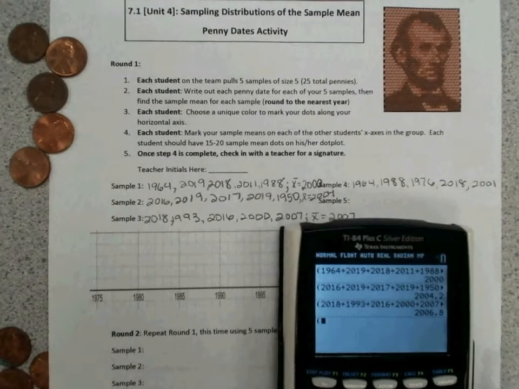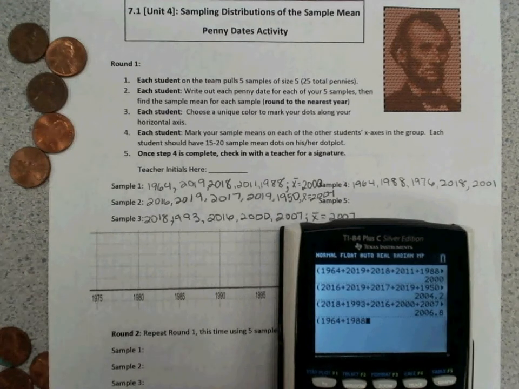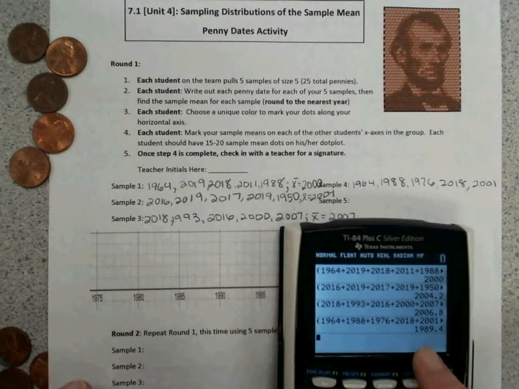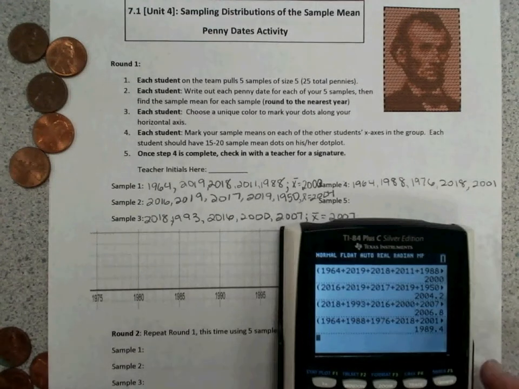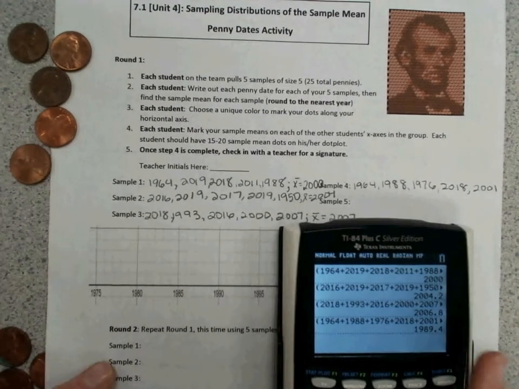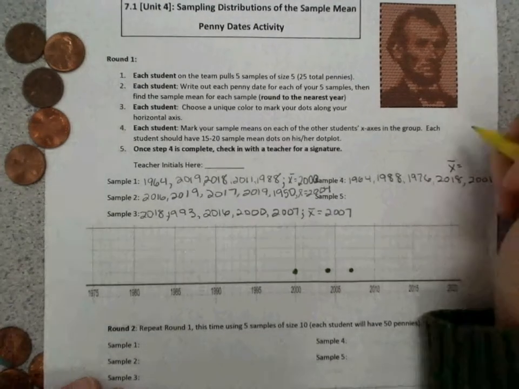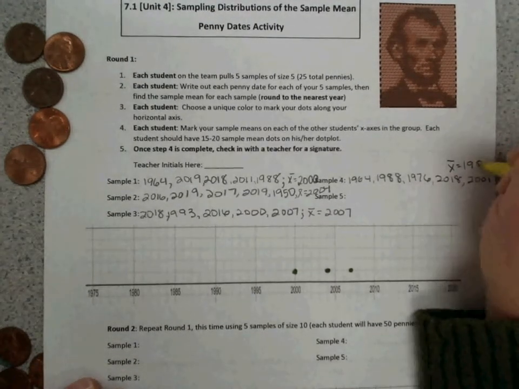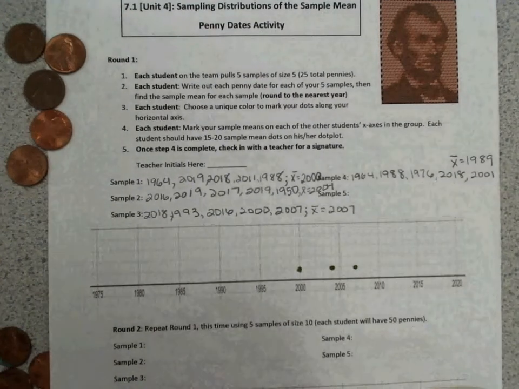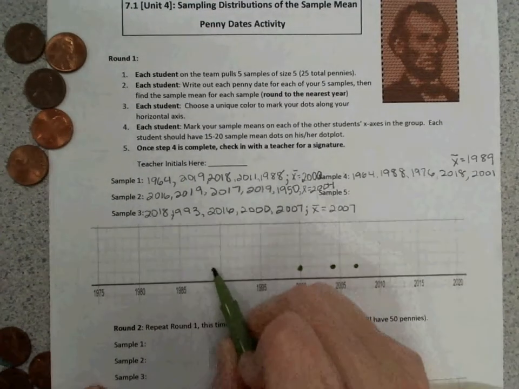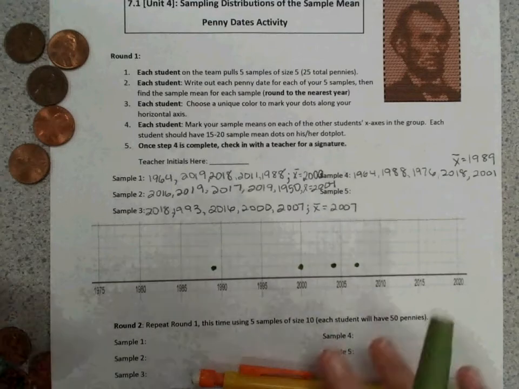So we'll add up this 4th sample, 1964, 1988, 1976, 2018, 2001, divided by 5, we get 1989.4. So 1989 would be how we would round that. 1989. It's our lowest so far. One more.